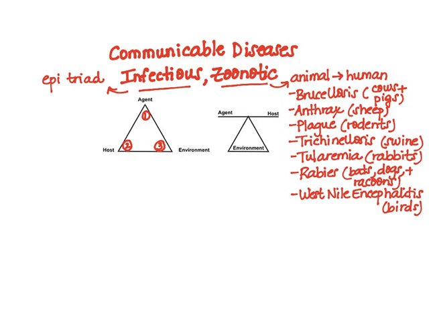And we'll go through briefly and define these. It is important to note here that your agent plus your host both exist within the same environment, and the time it takes for an agent to infect the host with a specific disease is what is most important to note here. This is known as your latency period, in which we can have a measurable response of exposure.